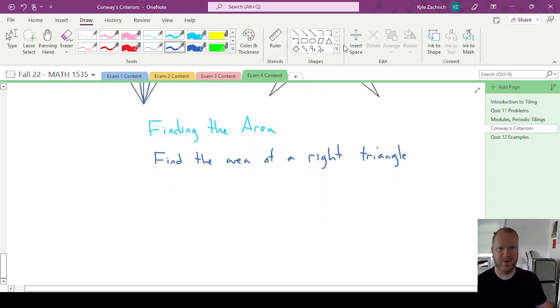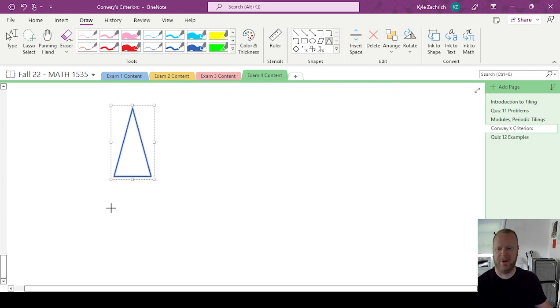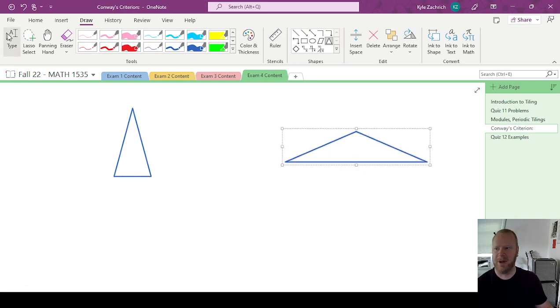One last thing from this section, and it's something that we didn't quite talk about in the golden triangle section, but they do ask about this.